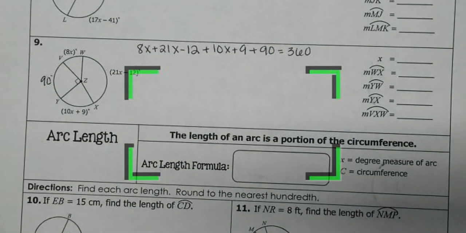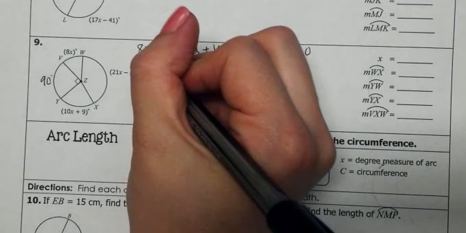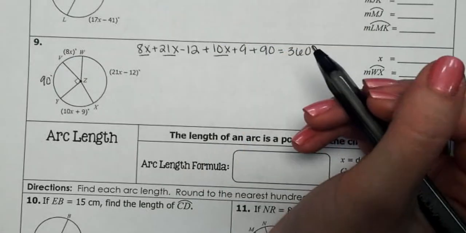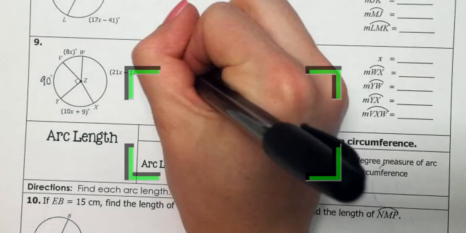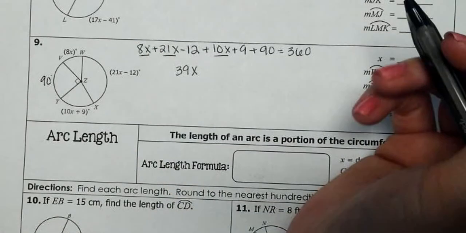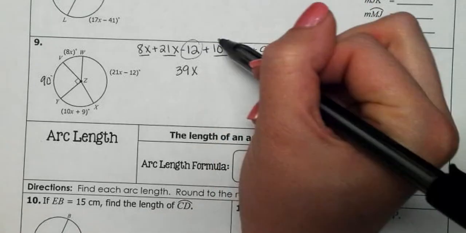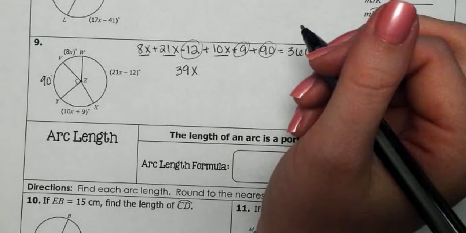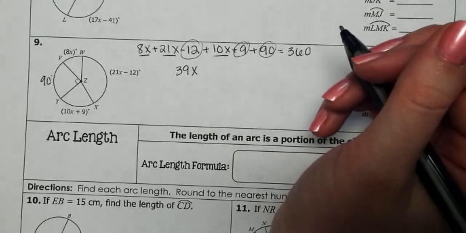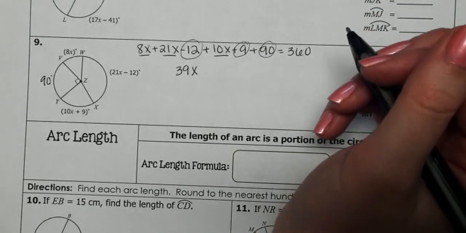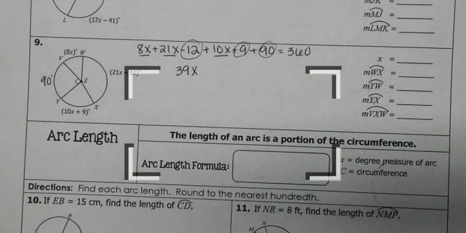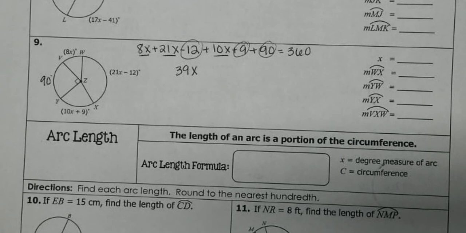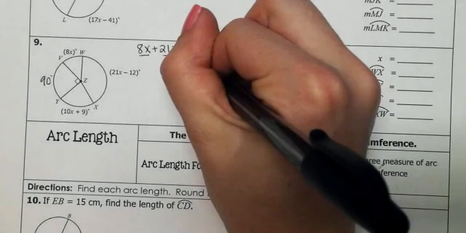So let's combine our like terms. I'm going to combine 8x, 21x, and 10x, and I would end up with 39x. I'm going to combine the negative 12, the positive 9, and the positive 90. So negative 12 plus 9 plus 90 is going to give me 87.